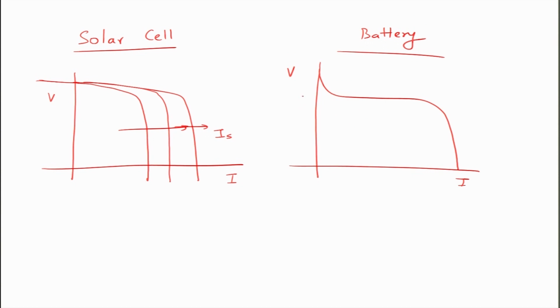It will give you an EMF which corresponds to a certain voltage, and then it gives you a certain current at a voltage, and there is no change in the curve with light.